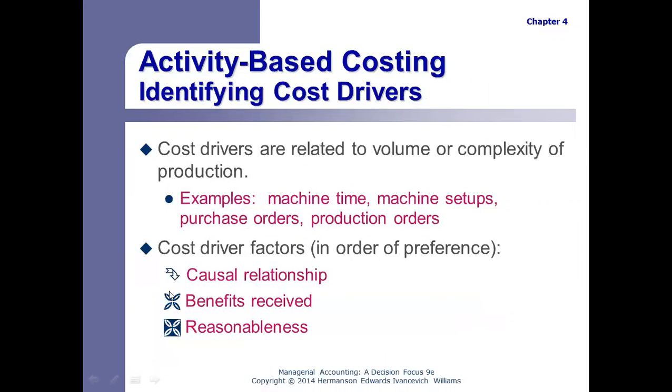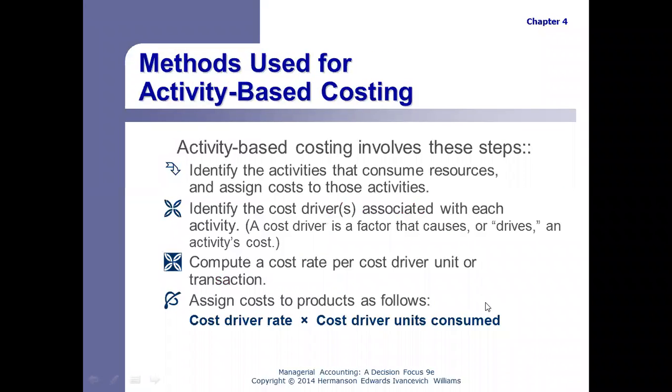The final major step is to take that rate that we computed for that particular driver and multiply by the number of driver units used. If we figured out, for example, that it cost us 30 cents per hour to cut spam musubi, we multiply that by the number of hours.